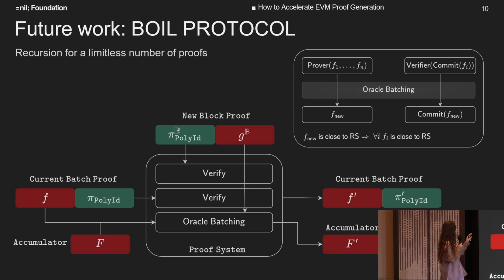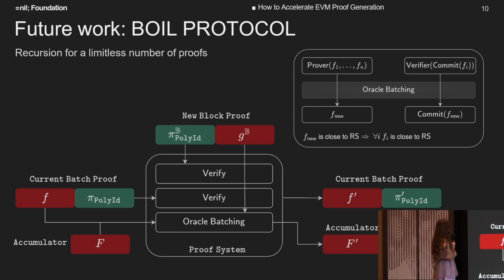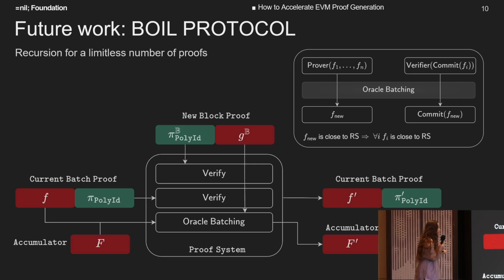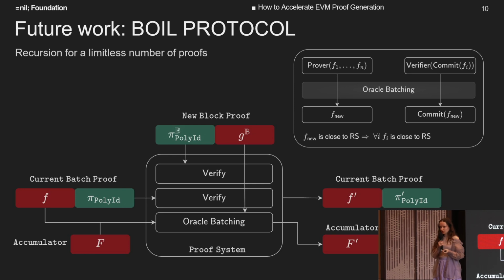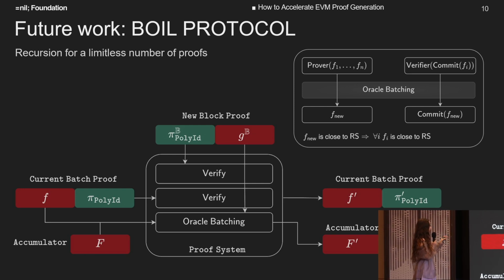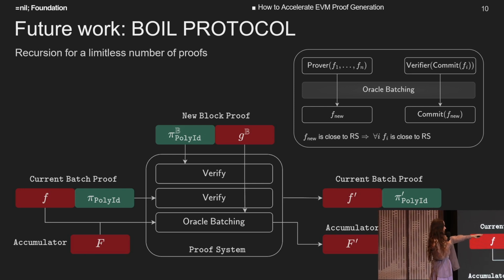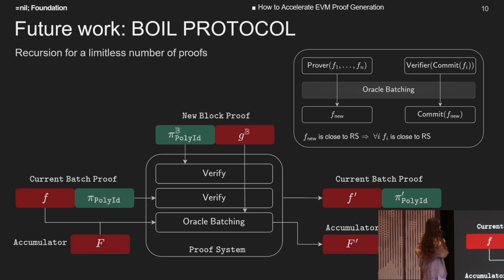We take G, small f, and capital F, and we run the oracle batching protocol and get a new polynomial. For example, it can be just a linear combination. And from oracle batching we get a line, and it will be the new accumulator, F prime.